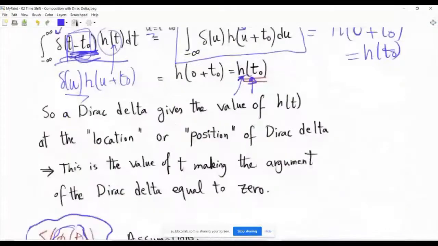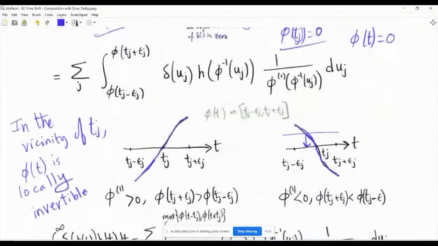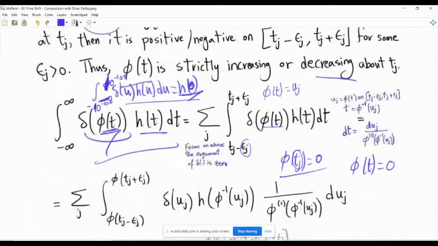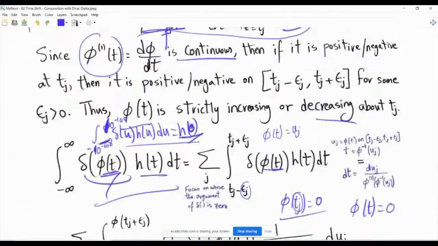Here, our epsilon should satisfy the property that the function is strictly increasing or strictly decreasing, so that we can do this change of variables. We can take phi of t, which looks like this locally. Here we are talking about local invertibility over a tiny neighborhood of tj. It's either increasing or decreasing, and we will do the substitution that phi of t is equal to uj.